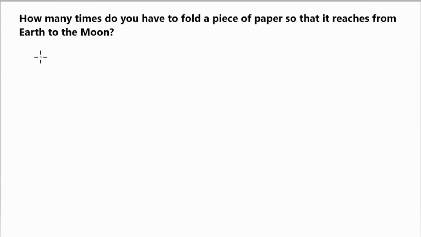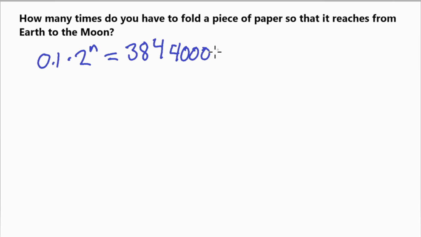Okay. So now we want to use the equation that we found, 0.1 times 2 to the n power, and equal that to the distance from Earth to moon in millimeters, which is this value here. And now all we have to do is solve for n.